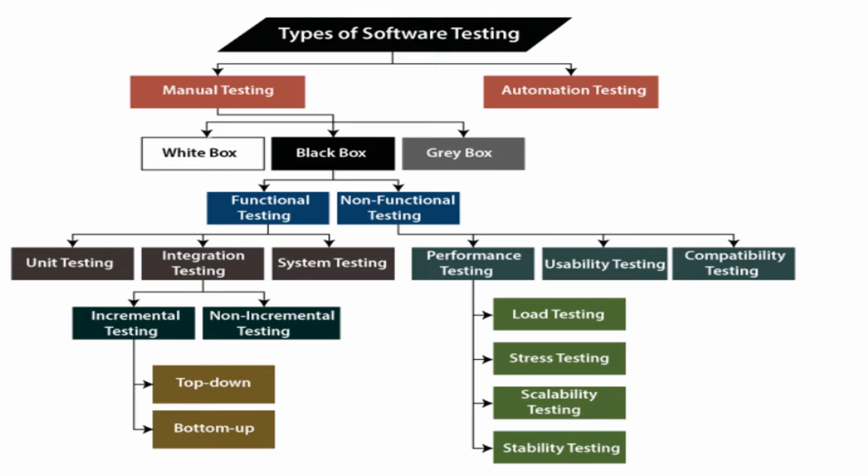Now we will check what the attributes of software testing are. Software testing is mandatory, and these are the things it should cover for a perfect software to move out to the client. First, the software should be reliable.